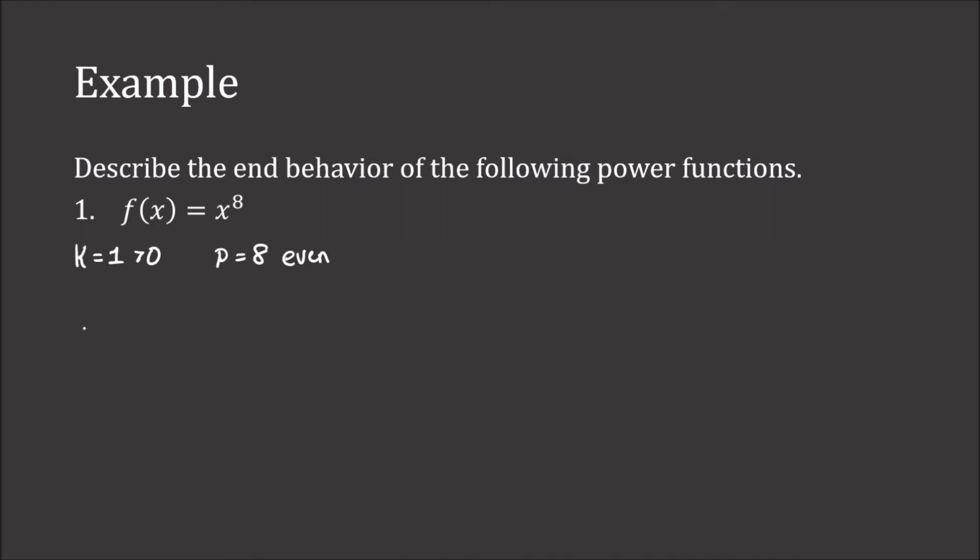So our function x to the 8 will tend to infinity as x tends to negative infinity, and x to the 8 will tend to infinity as x tends to infinity.